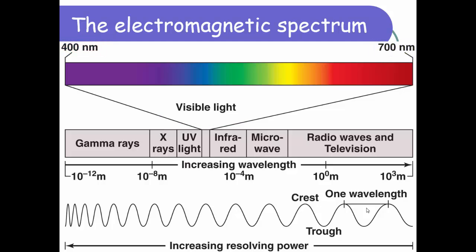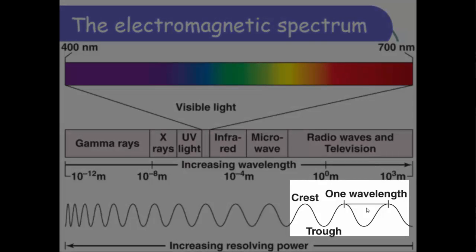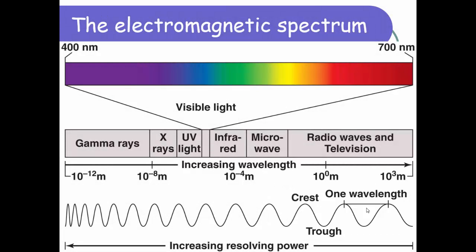What this is talking about is the length between the crests or the troughs in the wave formation of the light or electromagnetic wave. From one crest to the next crest is one wavelength. So in blue or purple light, there's only 400 nanometers between each crest of each wave, versus red light, which has a longer wavelength at about 700 nanometers.